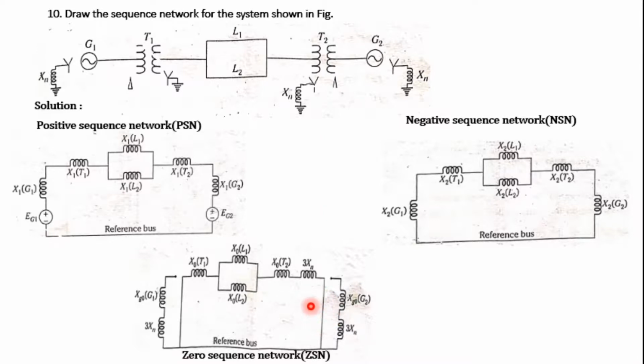Then the generator G2 is star grounded through a neutral reactance. So we have to consider this 3Xn, and the series switch is going to close. That's nothing but the current flowing into the reference bus.